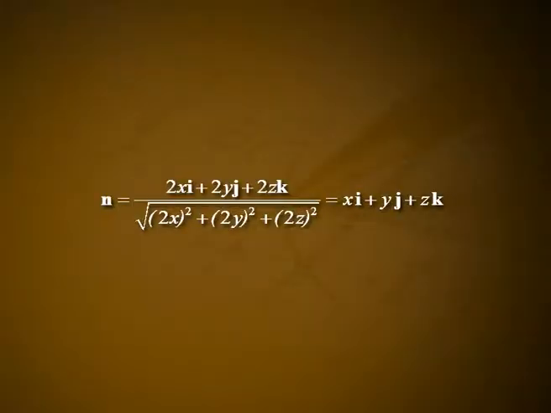Thus, the unit normal at P(x,y,z) of S is n is equal to (2x i plus 2y j plus 2z k) by root of (2x)² plus (2y)² plus (2z)², which is equal to x i plus y j plus z k, since x² plus y² plus z² equal to 1 on the surface S.